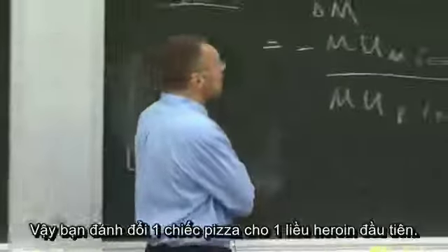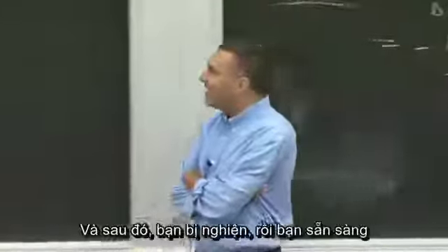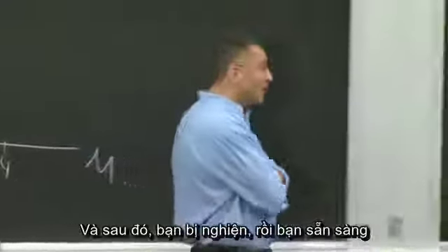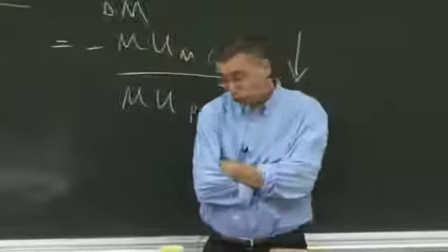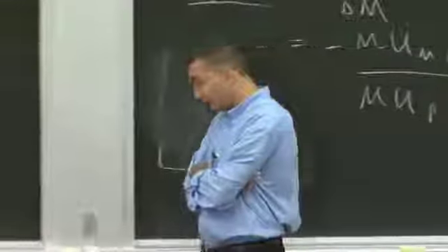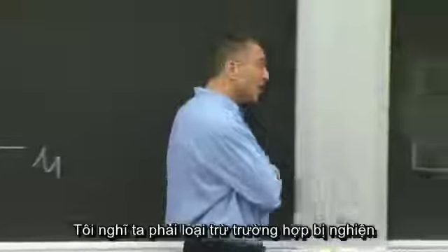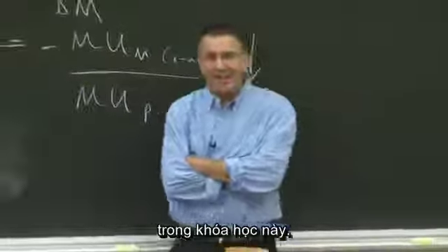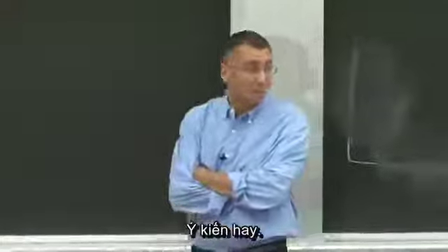So you give up 1 pizza for the first shot of heroin, and then you're hooked. So then you'd be willing to give up 2 pizzas for the next shot of heroin. Yeah, I guess that's right. I guess we're going to have to stay away from addiction in this course. I guess an addictive good could look like that. That's a very good point.